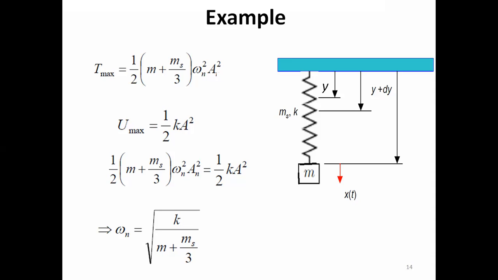In all other cases where the suspended mass is much greater than the mass of the spring, we could ignore it. You could also see that in the equation. If ms is a small quantity in comparison to m, and we divide a small quantity by 3, it becomes even smaller. In that case, the effect of this on the mass would be ignorable or less.